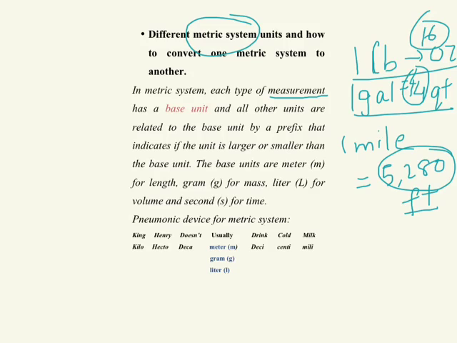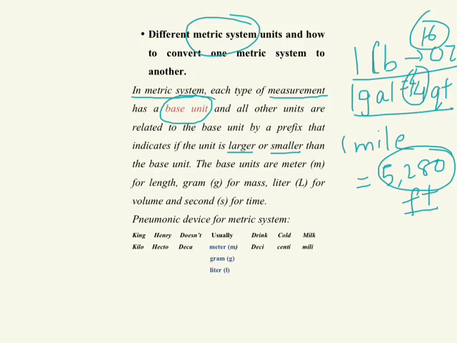Because in the metric system, each type of measurement has a base unit, and all other units are related to the base unit by a prefix that indicates if the unit is larger or smaller than the base unit. So let's look at this mnemonic device, and once you understand it, I'm pretty sure you'll be able to do all the problems.